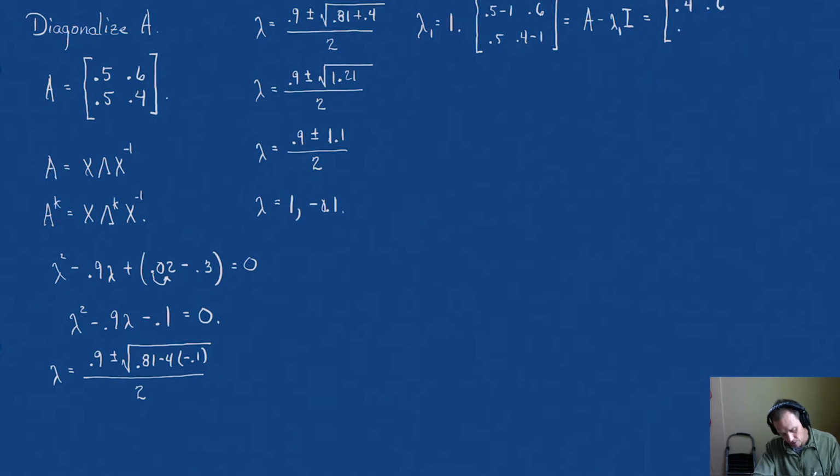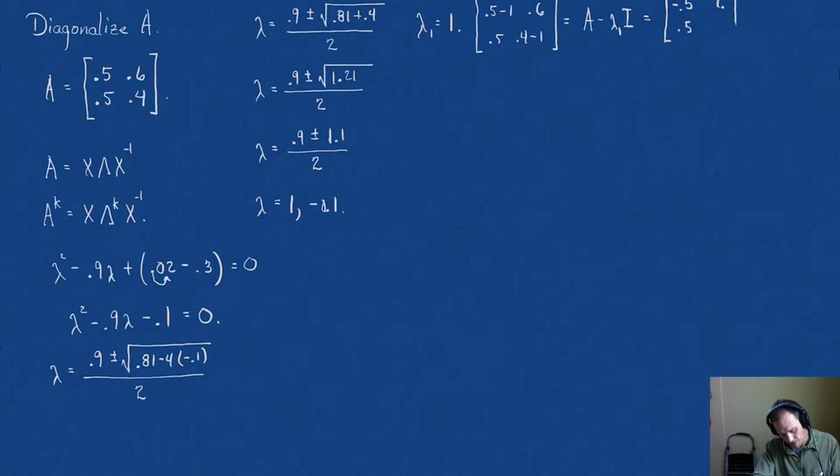Oh, goodness. 0.5 minus 1 is not 0.4, that's minus 0.5.